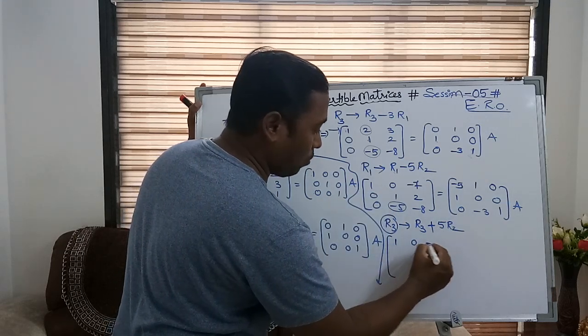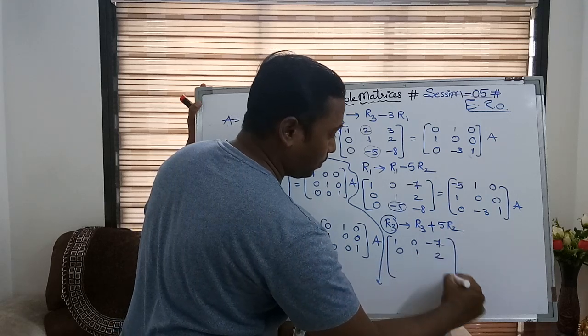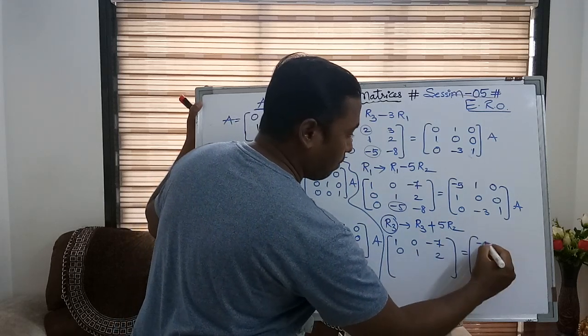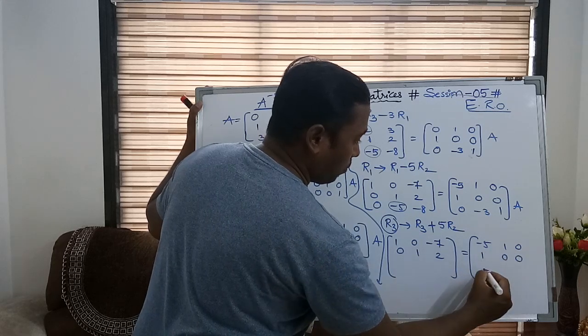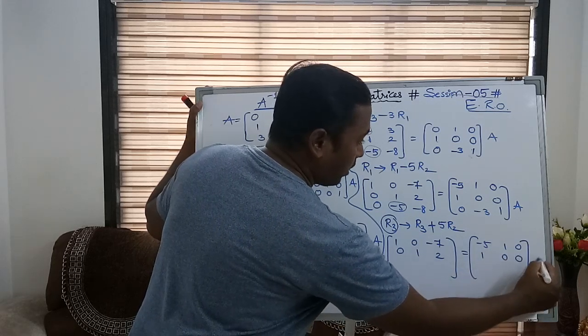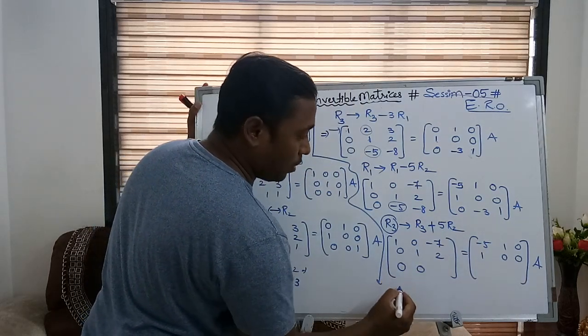So 1 0 minus 7, 0 1 2, minus 5 1 0, 1 0 0, right, and into A. So ultimately it will be 0.